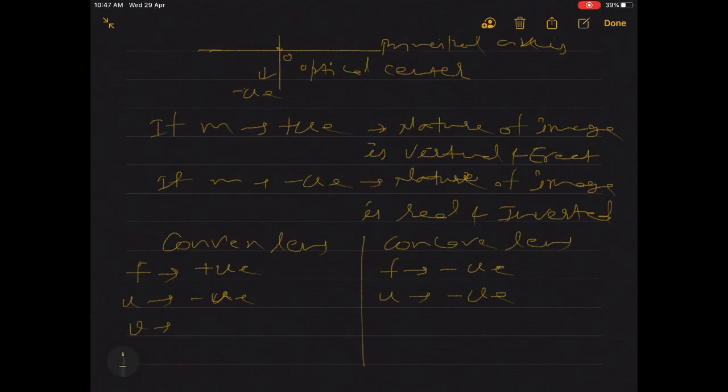V, that is the position of the image. This image is formed on the right side in case of a convex lens, so it would be positive, except when the image is formed on the same side.